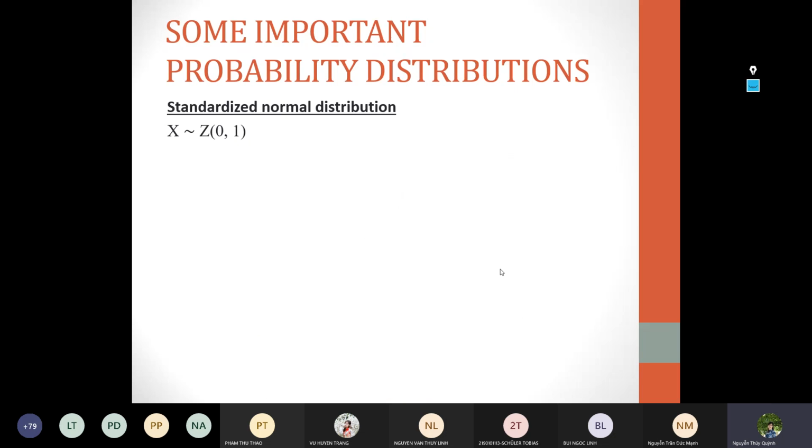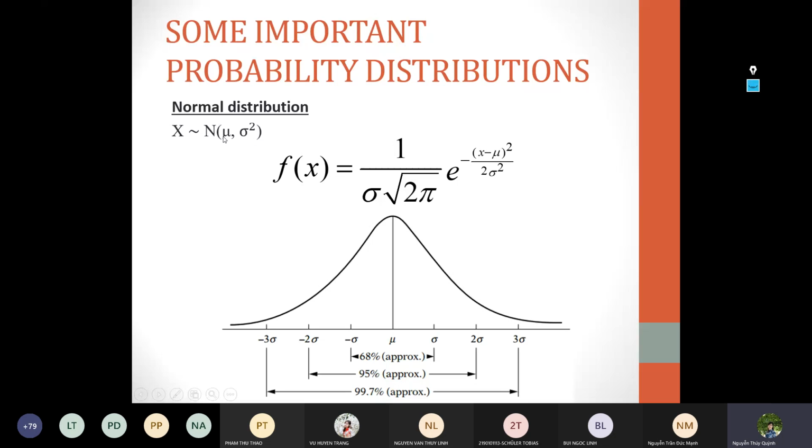the standardized normal distribution is a special type of the normal distribution. It's a normal distribution, but we know the expected value. It has an expected value of 0 and a standard deviation, or variance, of 1. For a normal distribution, the expected value can be any value, and the variance can also be anything.